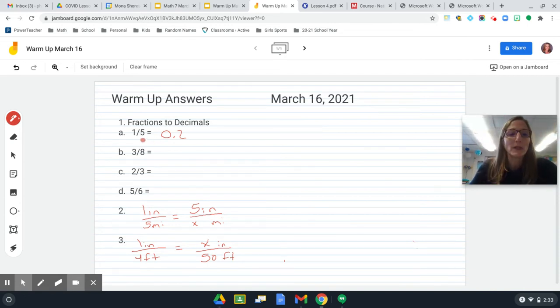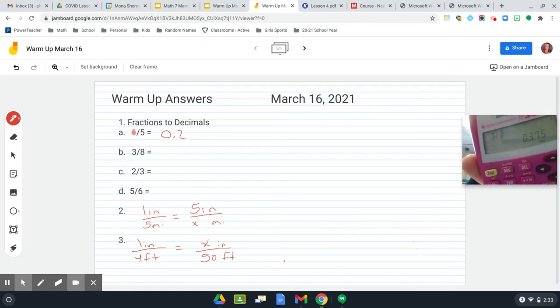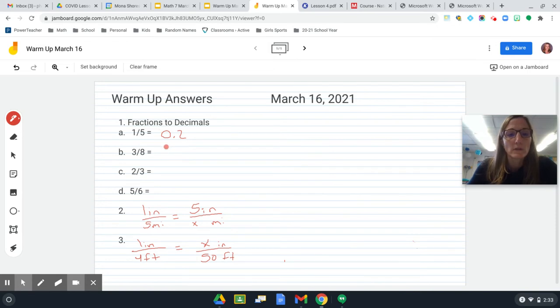The next one, letter B, 3/8. So 3 divided by 8, you're going to see this decimal right here. And I don't want you to round it. I want you to just leave it as it is. So 0.375, or 375 thousandths.